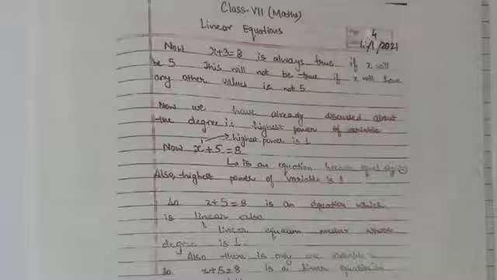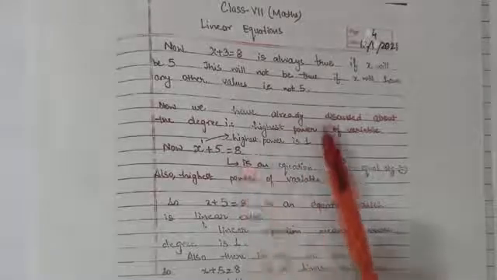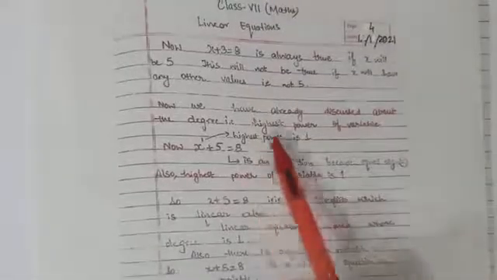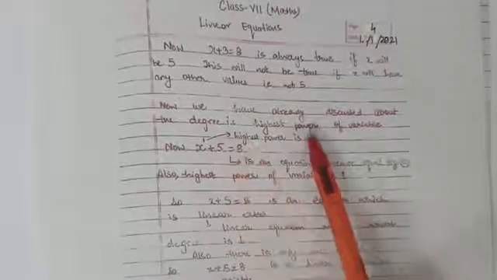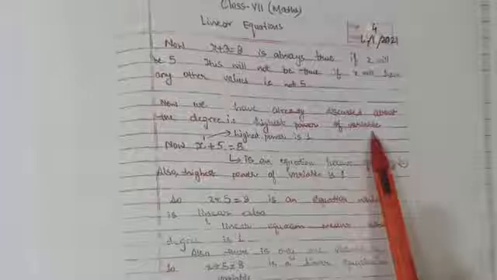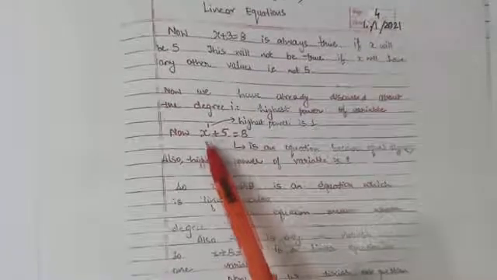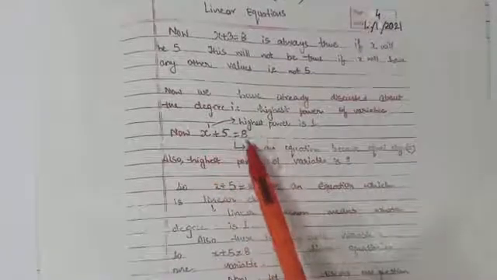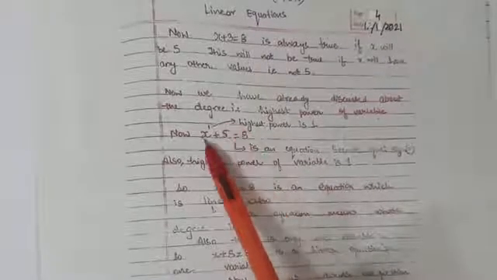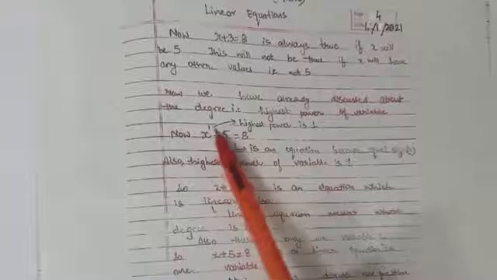Fine. Now children, we have already discussed about the degree, that is highest power of variable. See here, x plus 5 is equals to 8. The highest power of variable is what? 1.